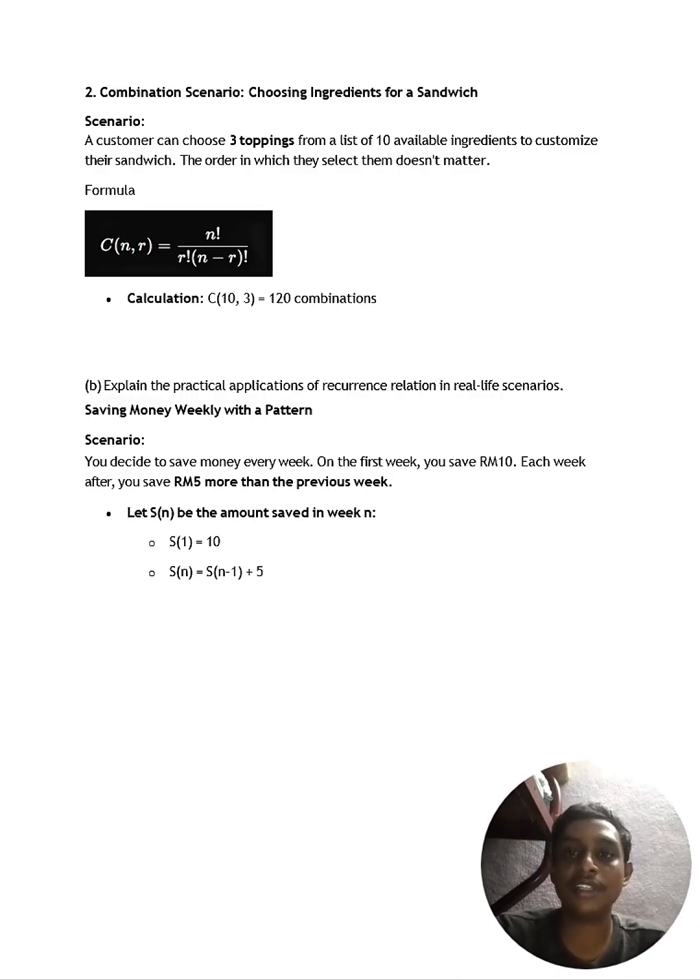As a real life application, this recurrence pattern is useful in many real life planning situations such as budgeting or saving plans like the example that I gave, or loan repayment, or fitness tracking, or scheduling tasks that increase in complexity. Thank you.